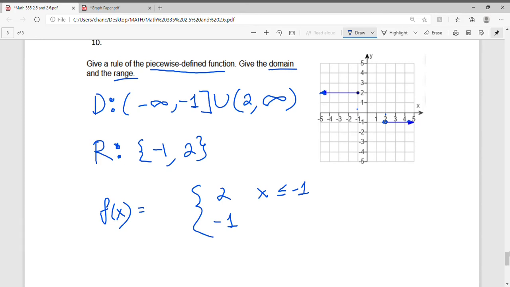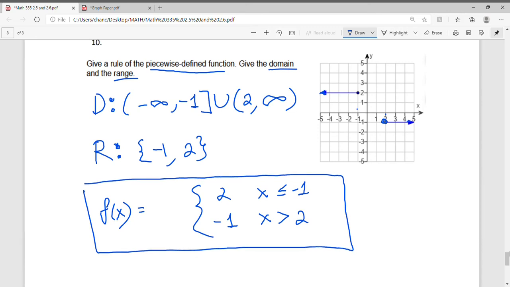This is for x values that are strictly greater than 2. It's not included because we have an open circle. So this is our piecewise function. F of x is equal to the constant function 2 if x is less than or equal to negative 1. It's equal to the constant function negative 1 if x is greater than 2.